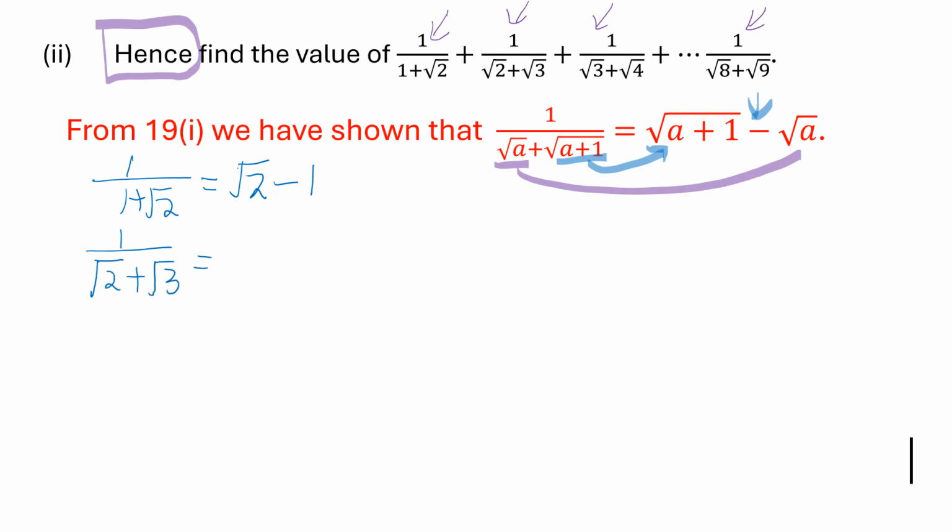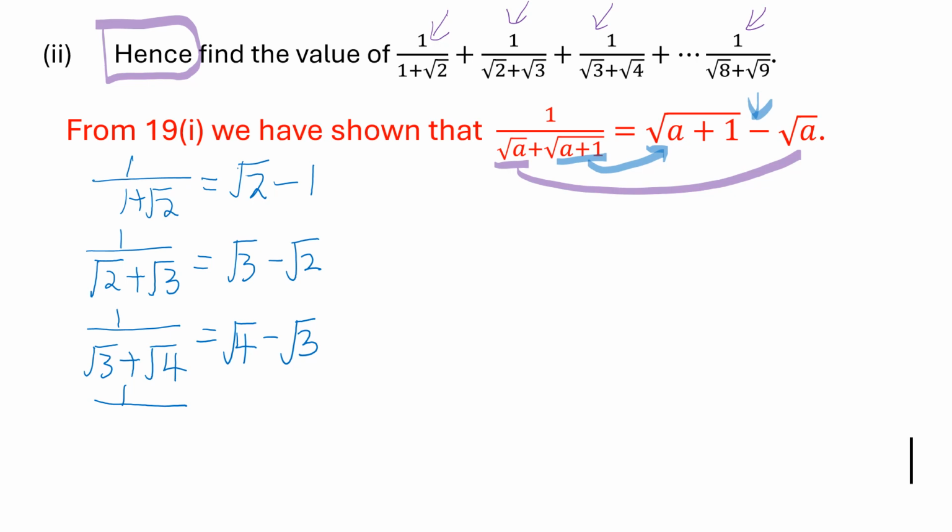So the second guy, which is square root 3, becomes your first guy, minus your first guy. Then 1 over square root 3 plus square root 4: second guy becomes your first guy, minus first guy becomes second guy. It's good to have another one so that you can see the patterns.